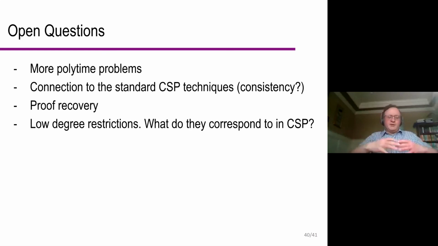This means that we start with a CSP instance, we construct an ideal, right? The Grobner basis of that ideal can be huge, exponential time. But then we say, we aren't actually interested in the whole ideal. We're only interested in the ideal that is generated by polynomials of small degree, of low degree. And then we have a nice low degree Grobner basis for that.